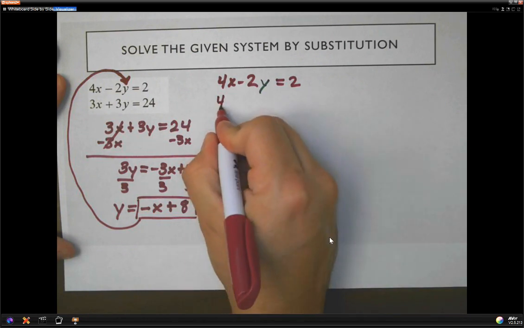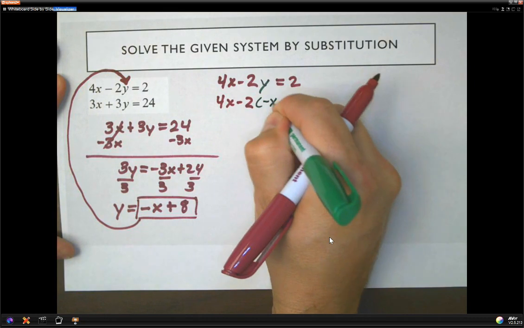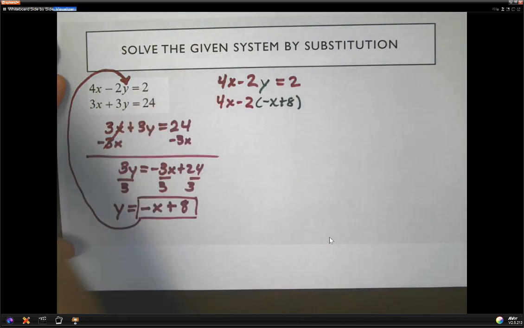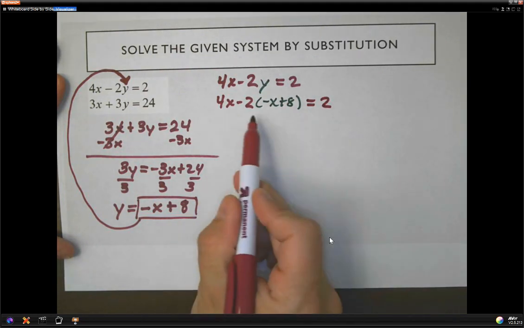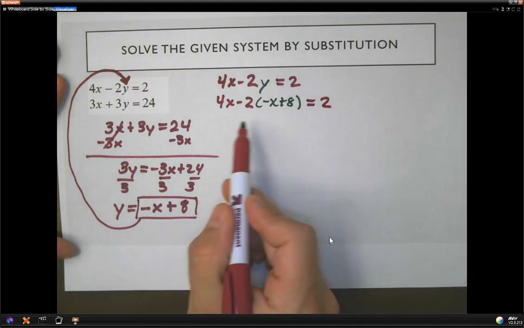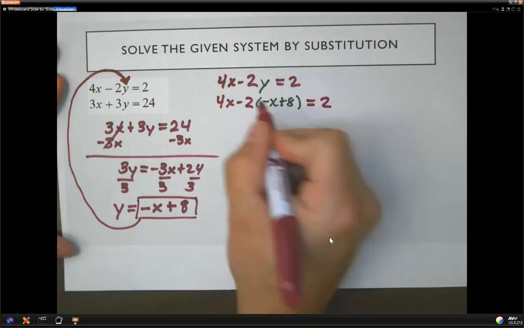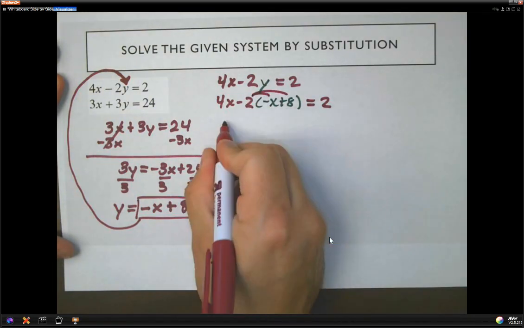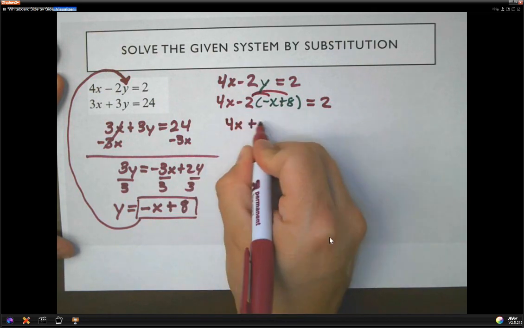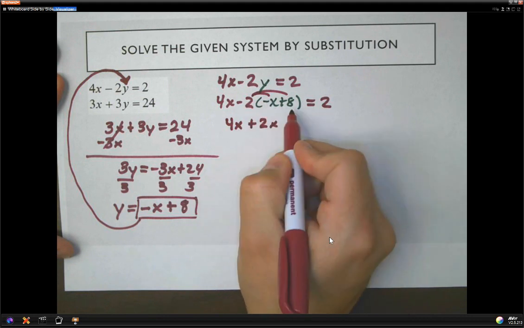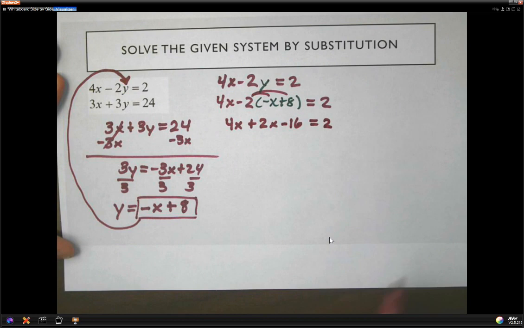And so I get 4x minus 2 times negative x plus 8 is equal to 2. Now I've created a situation where I only have one variable, so I can simplify with the distributive property first. 4x, negative 2 times negative x is a positive 2x. Negative 2 times a positive 8 is a negative 16, all equal to 2.